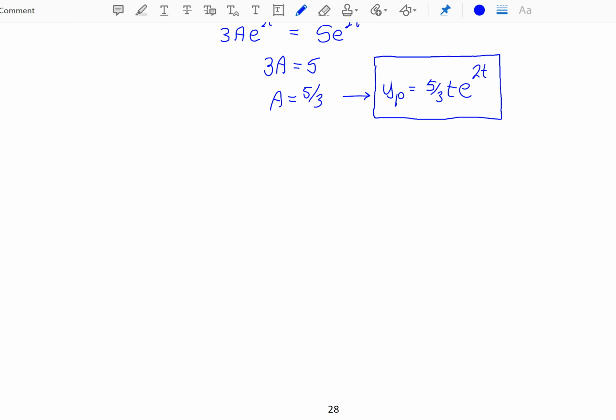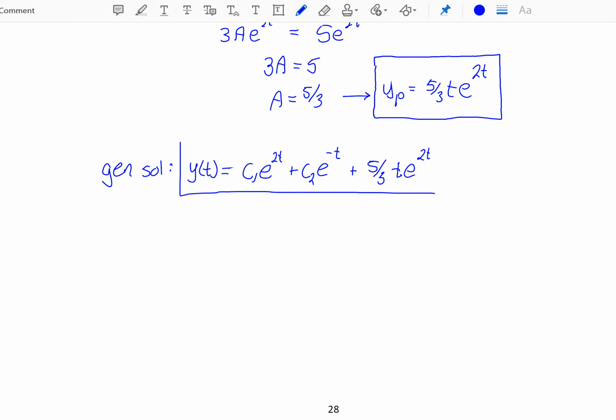Now we'll be able to write our general solution by the non-homogeneous principle as C1 e to the 2t plus C2 e to the negative t plus 5/3 t e to the 2t. This is our general solution.